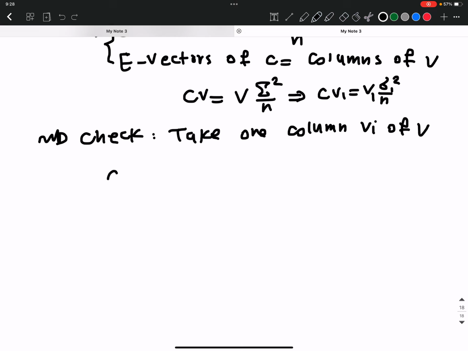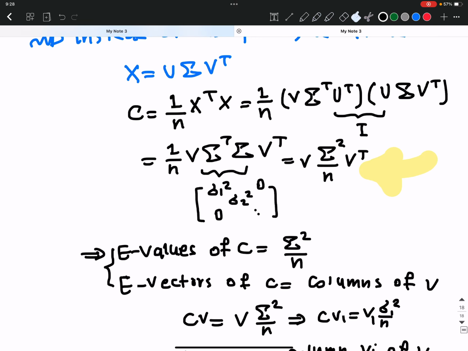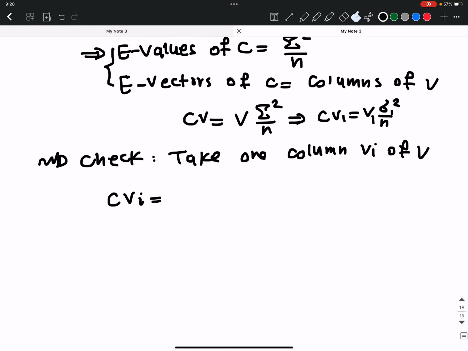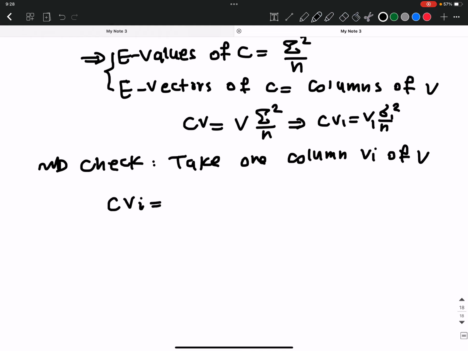So I get C v_i equals one over n X^T X v_i. Just write it down: one over n X^T X v_i.